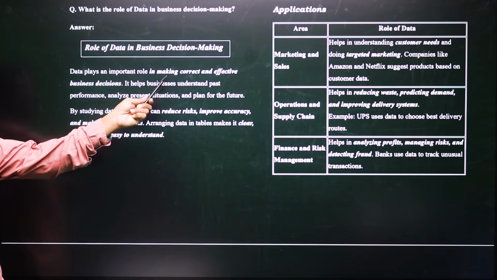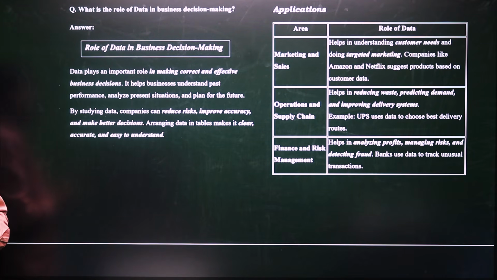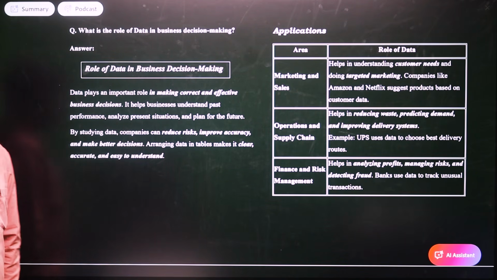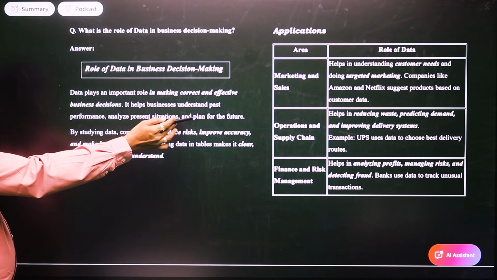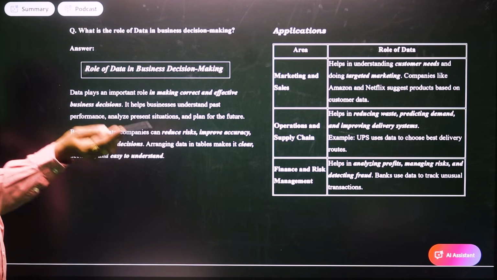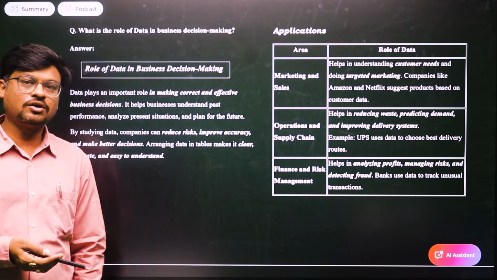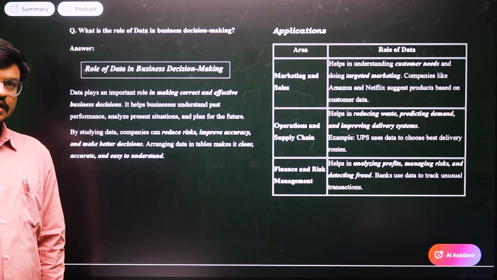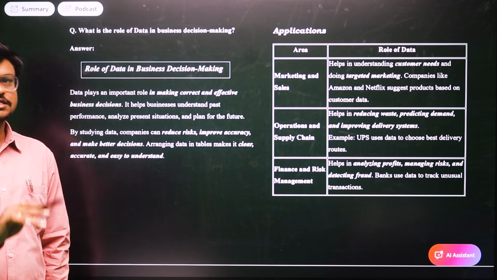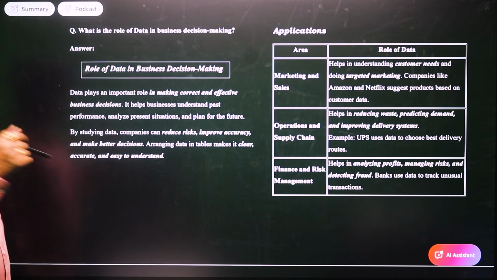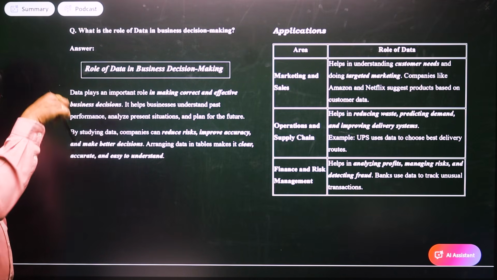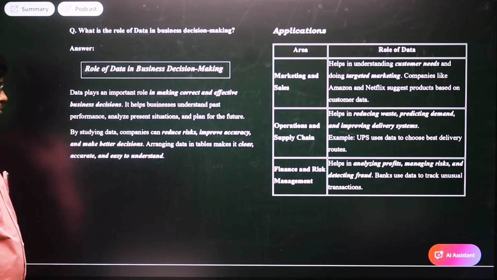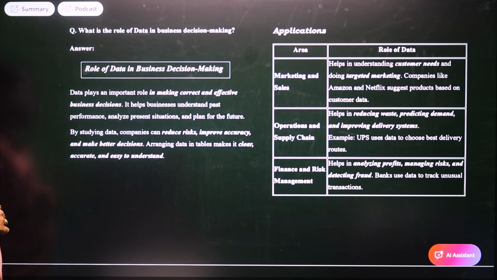Data plays an important role in making correct and effective business decisions, right? It helps the high level people in the organization to understand past performance, analyze the present situation and plan for the future. Again, as I said, why are we doing all these things? To enjoy better results, to enjoy better profits. So data plays a very crucial role in understanding past performance, analyzing the present situation and planning for the future, so that you are going to have better results.